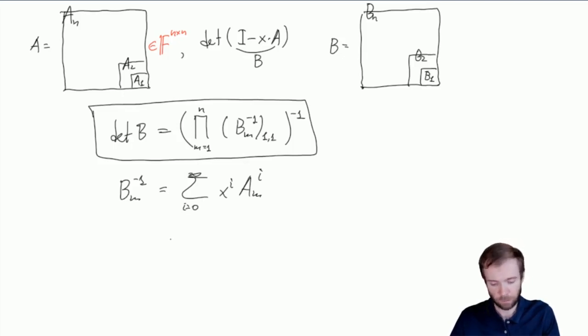Let's try that. So Bm is actually the matrix which is obtained by taking the identity matrix of order m and subtracting x times Am.